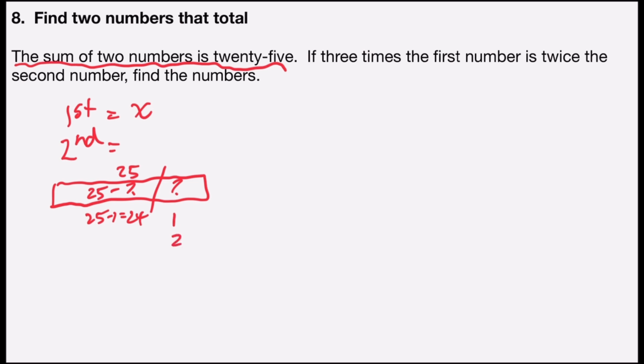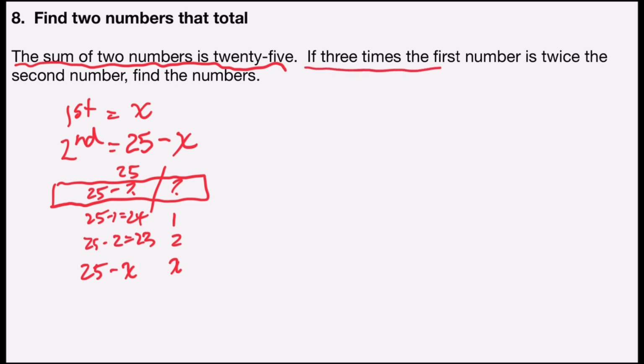If I cut off 2 inches, what's left would be 25 minus 2, or 23 inches. So if I cut off x from the board, what's left would be 25 minus x. And so my second number is always going to be the total, 25, minus the first number, which we'll always define as x.